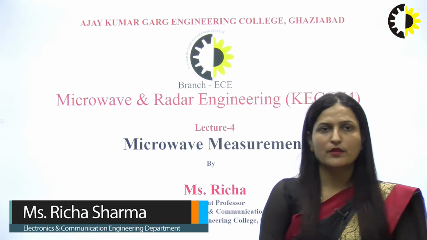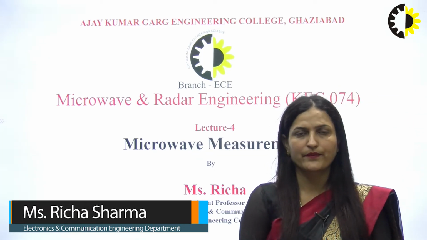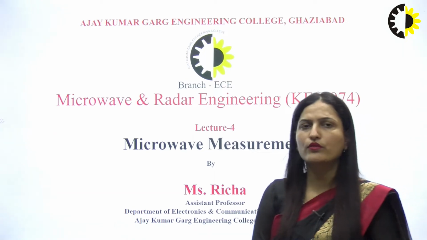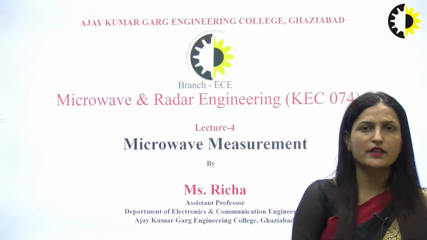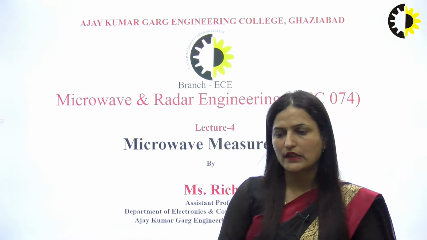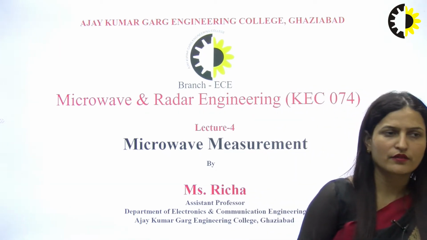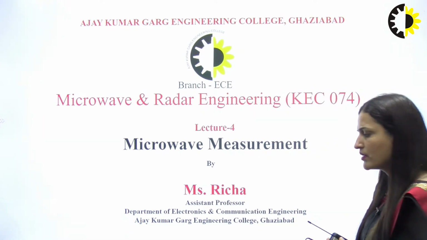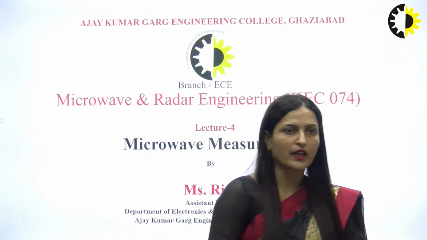Today we will discuss microwave measurement. This is the topic of the 4th unit also. Up to the 4th unit we have discussed what microwave means and how microwave signals are generated. First we discussed at which type of transmission technology we use microwave signals, in which we discussed the waveguide.